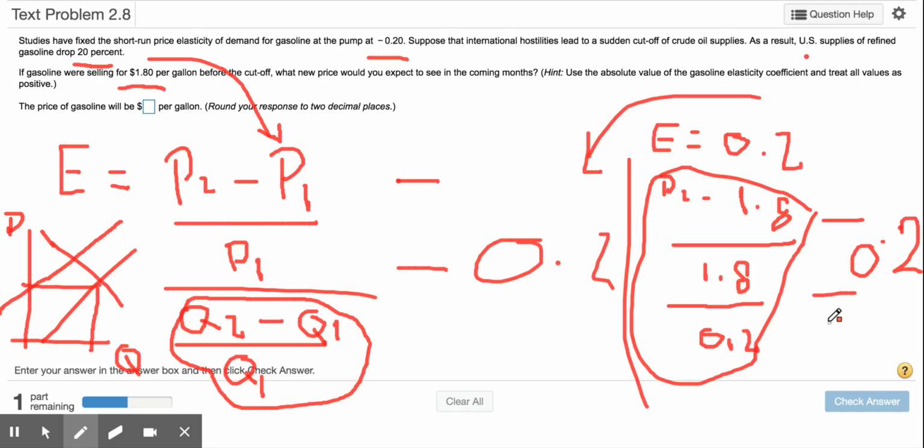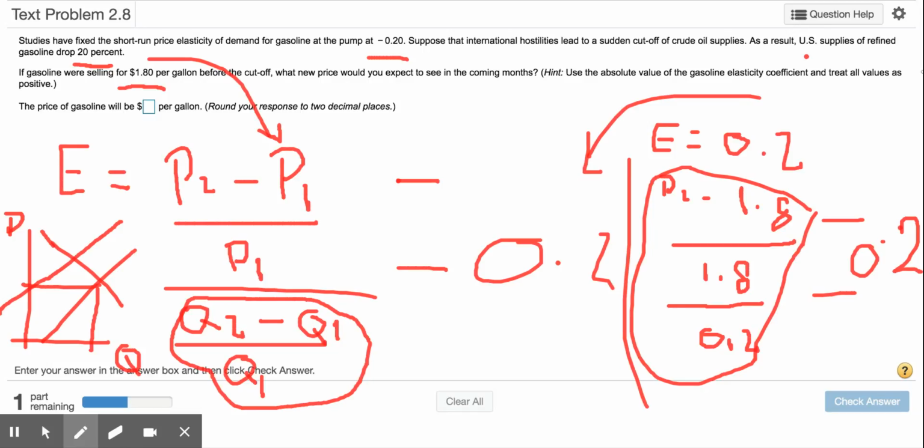Okay, so you solve this thing and then you calculate. I think this is very easy math. So I'm calculating it in my calculator. So 1.8 divided by 0.2, multiplied by 0.2, plus 1.8.